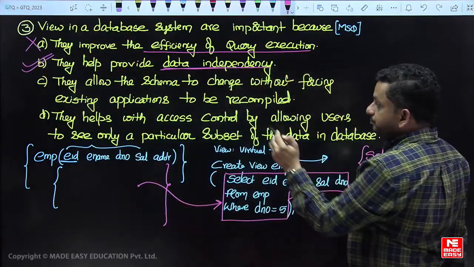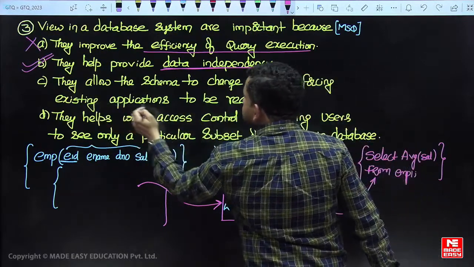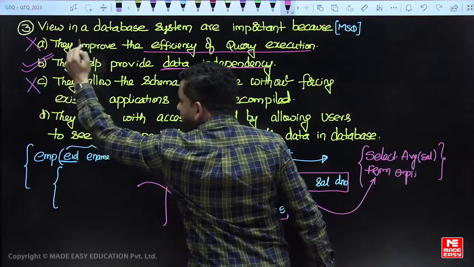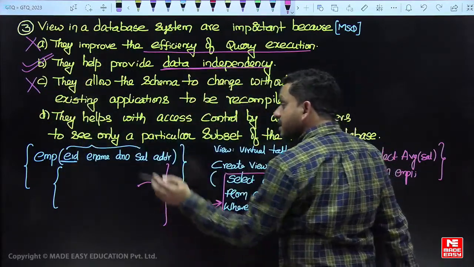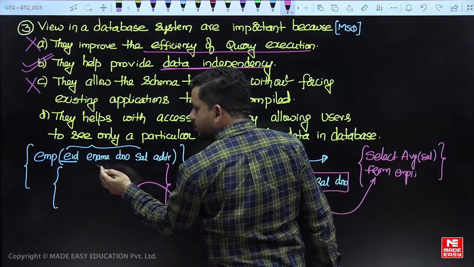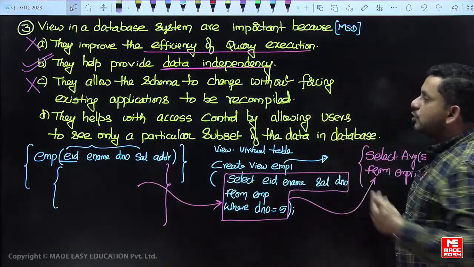They allow schema changes without forcing existing applications to change. It's a false statement. Many are given as correct, but C is a false statement, because if I change the schema, I have to recompile the view and the whole application.